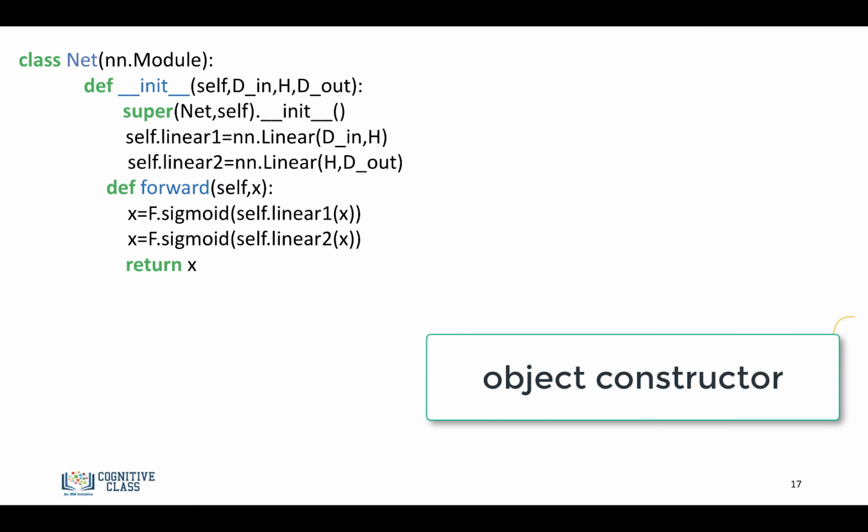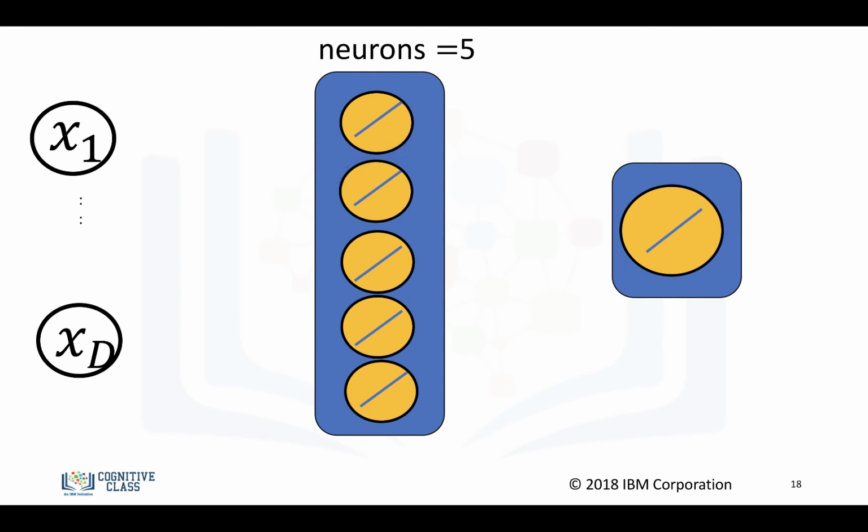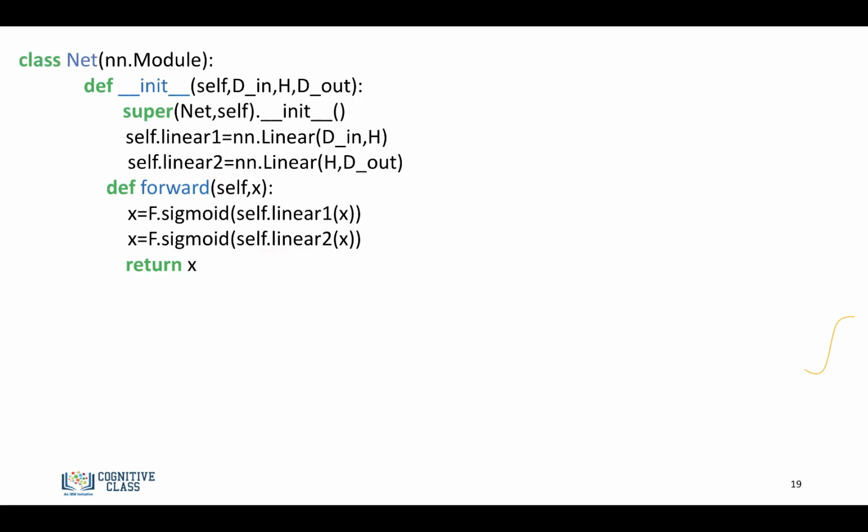So in the class constructor, we simply specify the second argument, the number of neurons equals 4. And here's an example, the number of neurons equals 5. In the object constructor, we simply specify the number of neurons is 5. So it seems like if we can construct an arbitrary function, why don't we use the maximum number of neurons?